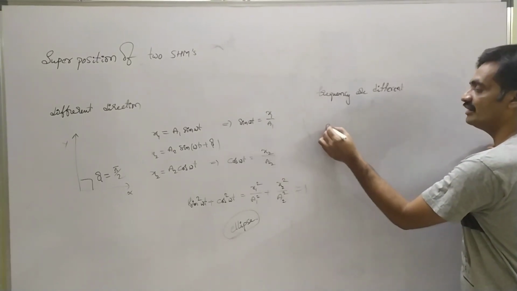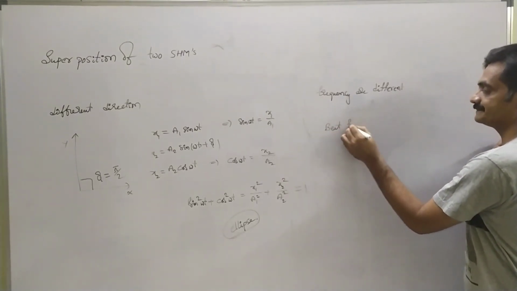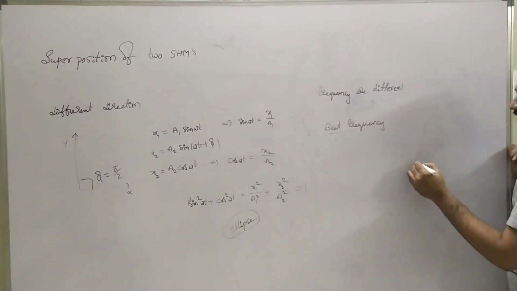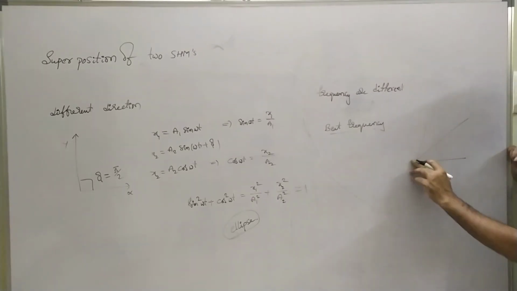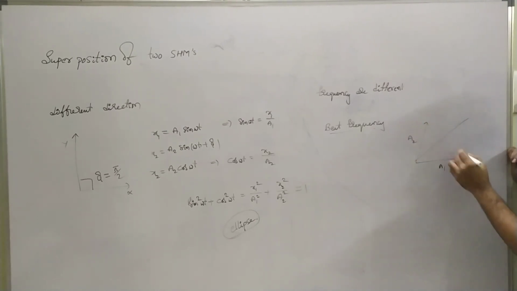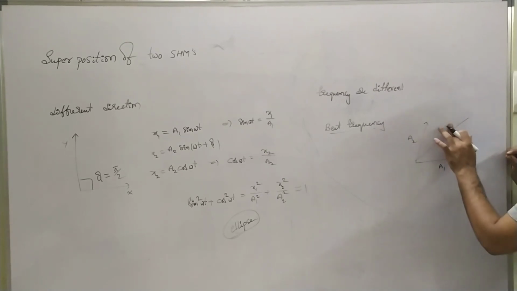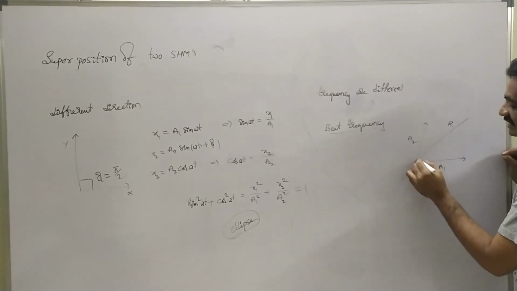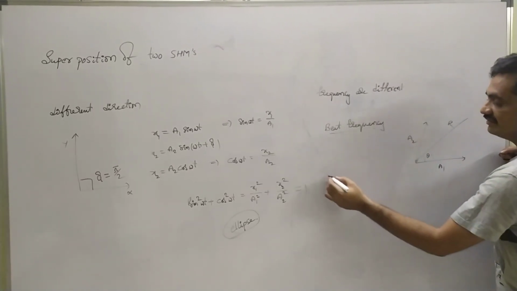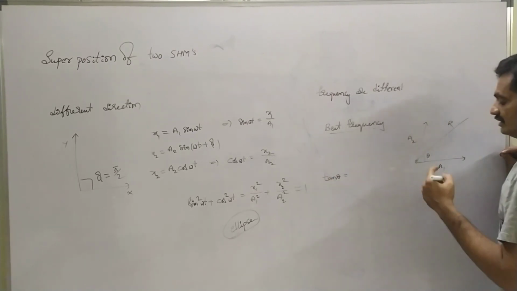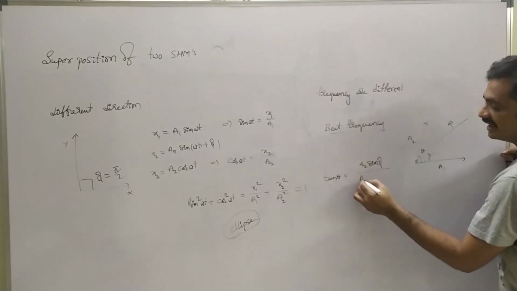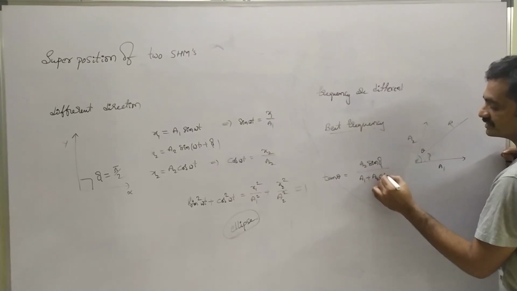In this case beat frequency takes place, whereas here we had represented the parallelogram with amplitudes A1 and A2, and resultant amplitude is represented by R. In this case we have to represent the direction, which is given based on theta, where tan theta equals A2 sin phi by A1 plus A2 cos phi.